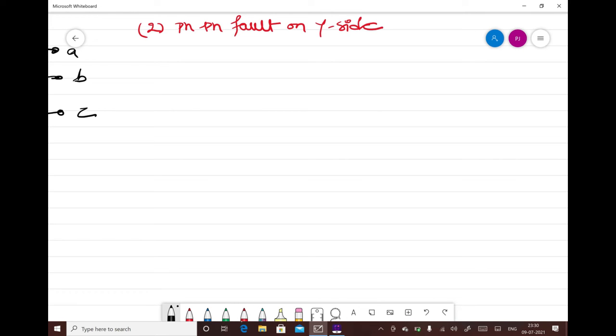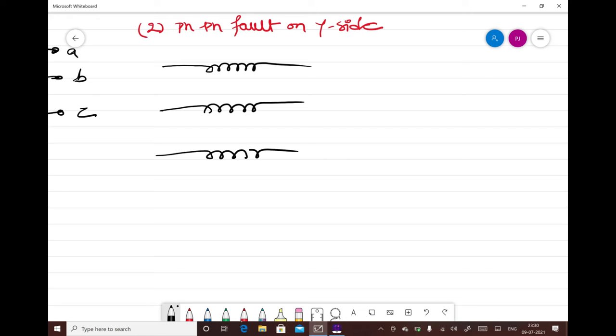So now we will again draw a simple star delta transformer. This is your star delta transformer.